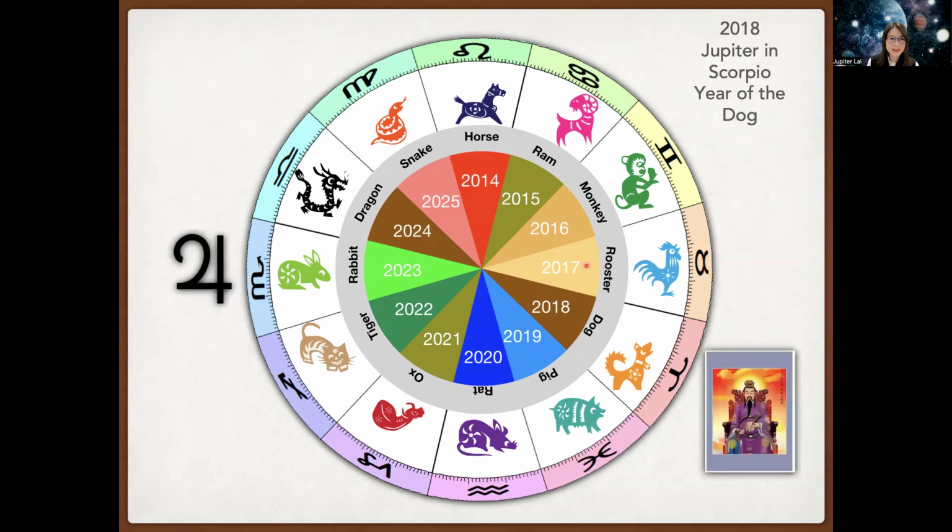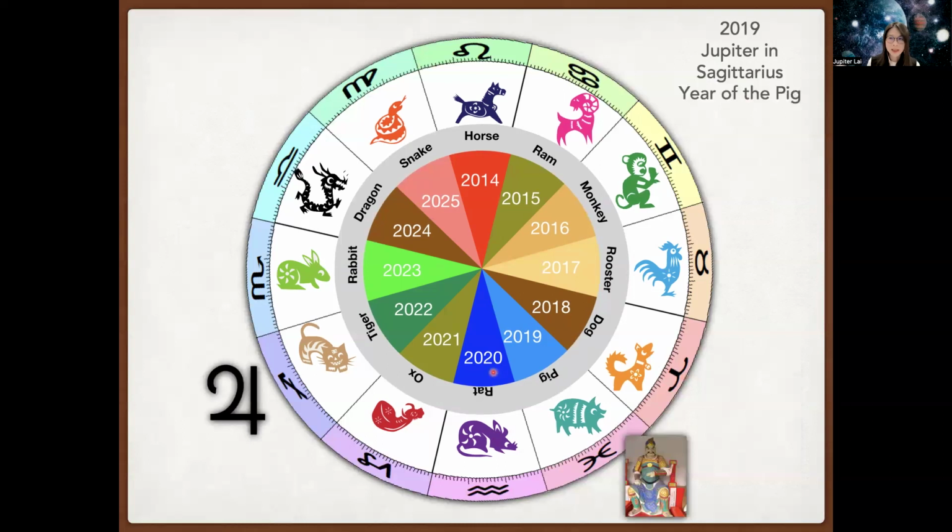In 2018, Jupiter was in Scorpio, and the commander was in Dog, which is the year of the dog, and dog corresponds to Aries. In 2019, Jupiter was in Sagittarius, and that was the year of the pig, and Tai Sui was in pig, and that corresponds to Pisces.